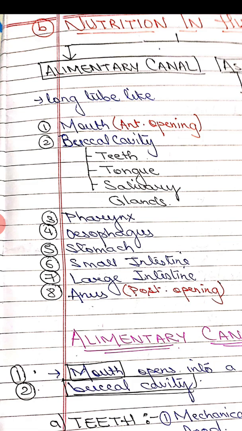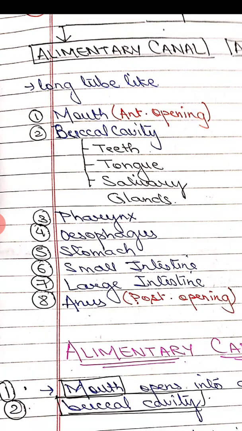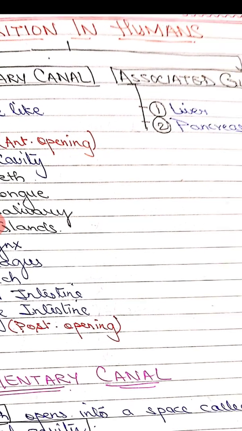After the buccal cavity, there is a region known as the pharynx. The pharynx is followed by a tube-like structure known as the esophagus. Then come the stomach, small intestine, large intestine, and finally it ends in the anus. The anus is the posterior opening of the alimentary canal.